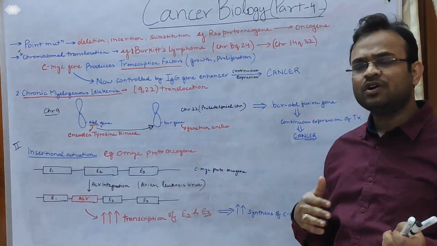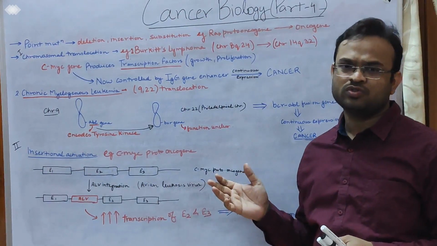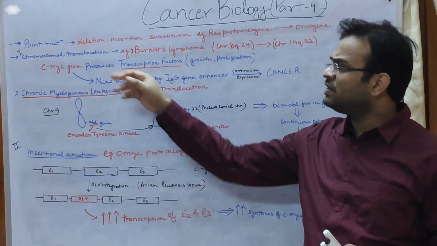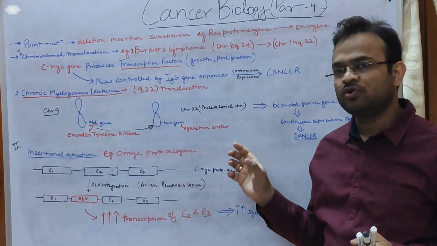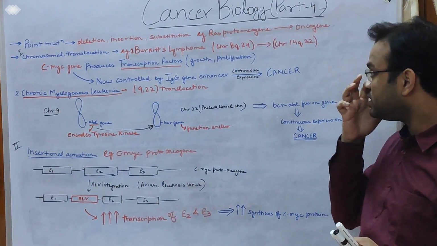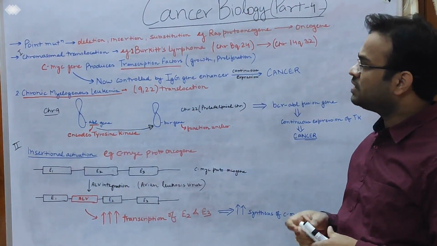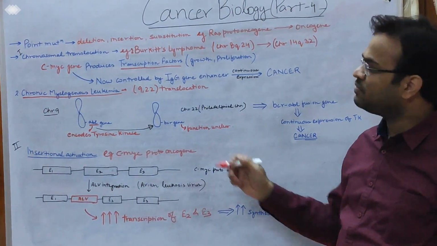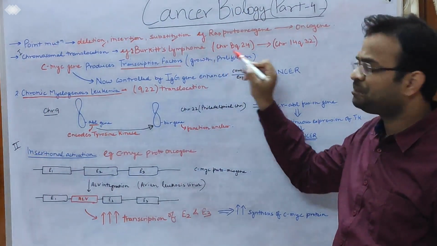We said that a number of mutations can take place in case of proto-oncogenes. Today we would say that in some kinds of proto-oncogenes, point mutations can take place. What are point mutations? We already know this is the very basic stuff, that point mutations can be of type deletion, insertion, substitution.